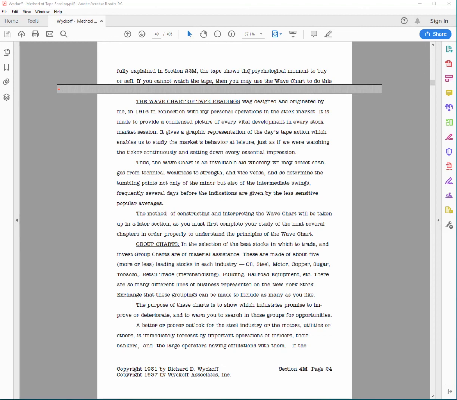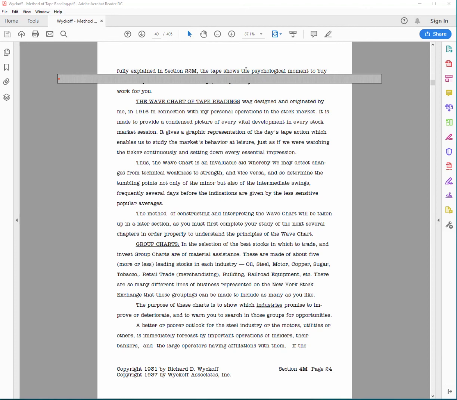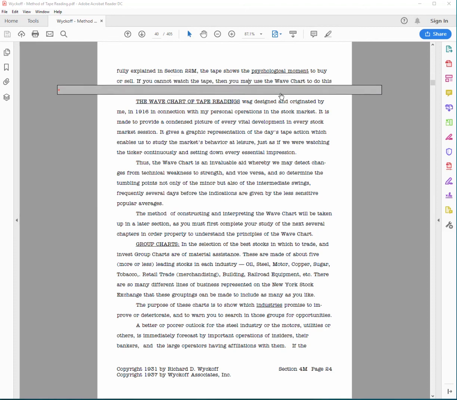And the other thing is, it shows a psychological moment to buy or sell. A lot of times people look for triggers. They're looking for a red or green trigger. But again and again, Wyckoff says use judgment, and here he says there is a psychological moment to buy or sell. Does he say it went green or red?